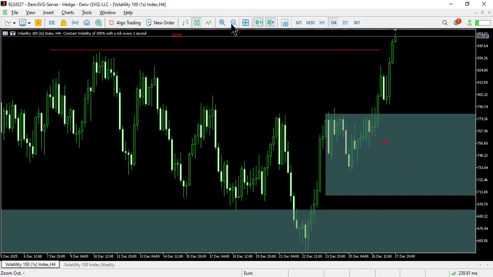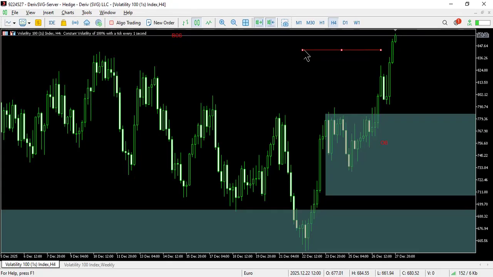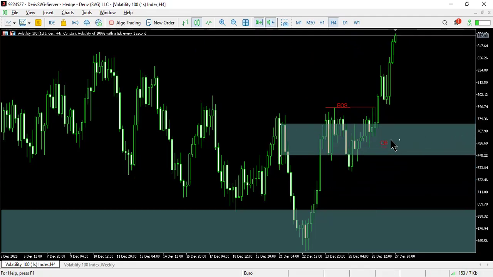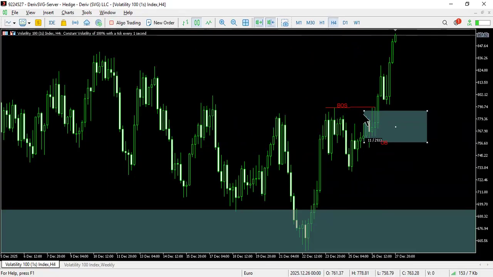And then moving on to the 4 hours time frame, that is our break of structure, and then the order block which caused the break of structure from the 4 hours time frame.